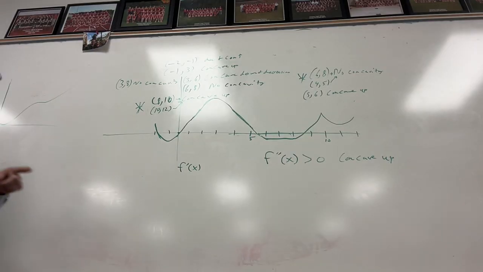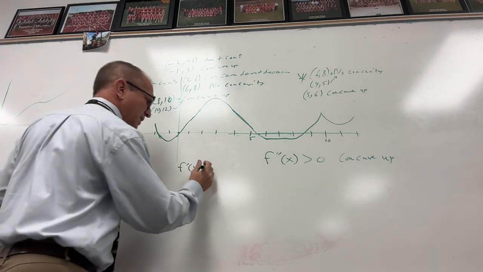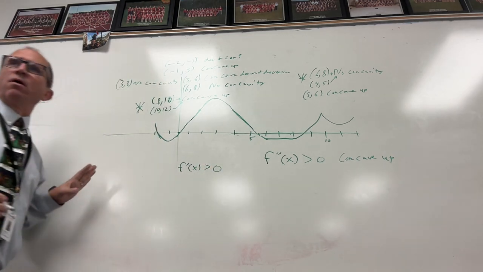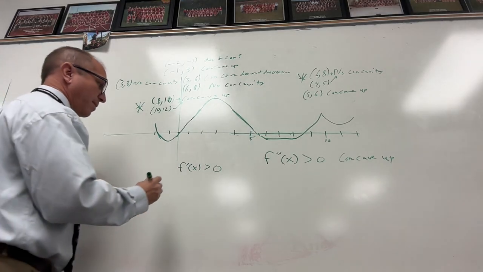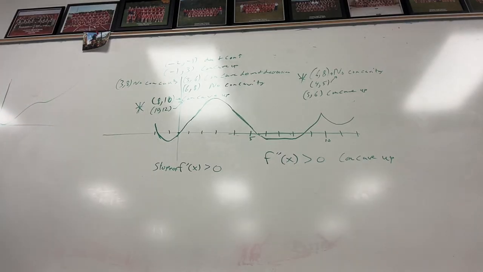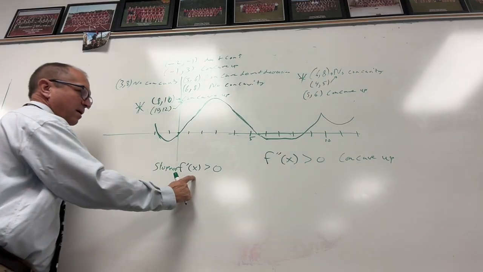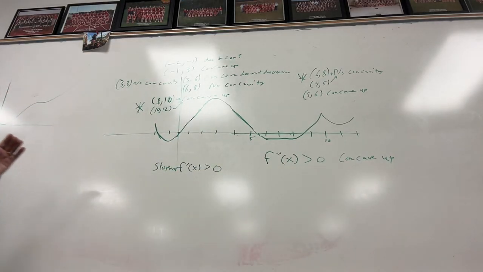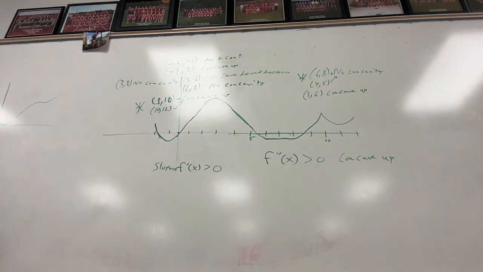So if the graph of f prime is increasing, then that means that f prime is greater than 0. I'm sorry, that's not right. The slope of f prime is greater than 0. So the slope of the derivative is the same thing as the second derivative. Let me say that again. The slope of the derivative is the same thing as the second derivative.